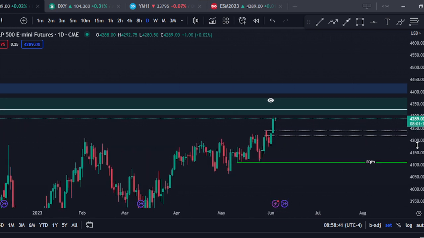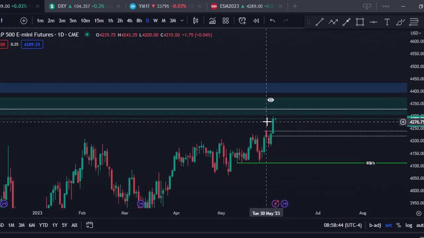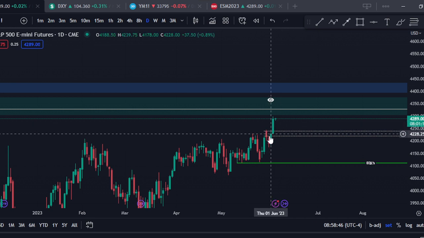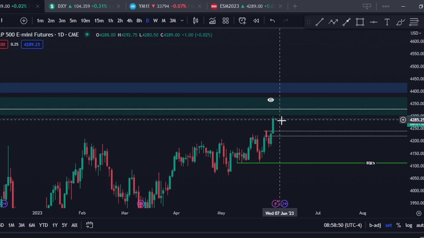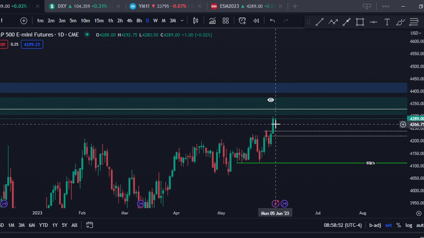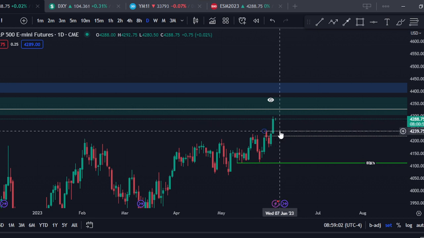Now if it doesn't just continue to go from right here, you see these two lines right here. This is the new week opening gap from last week. We could get down into that area because, as you know, ICT teaches that the new week opening gap is a draw. That's where price might want to come to reprice itself. That's also where some liquidity is. You can look for it to get inside the new week opening gap, try to pass through it, or sometimes it becomes support.